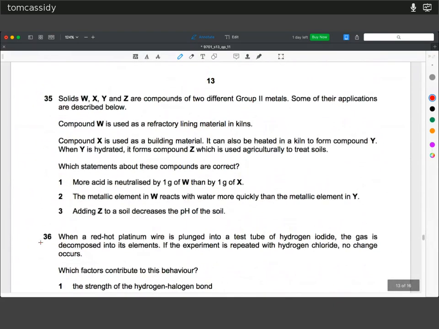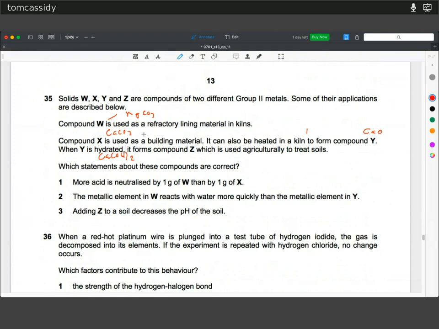Okay, this one, if you work through it all, it's all your group 2 chemistry. That one is magnesium carbonate. This one is calcium carbonate. If you heat calcium carbonate, you get calcium oxide. And if you react calcium oxide with water, then you get calcium hydroxide. So that's all group 2 chemistry. Actually, it's pretty much GCSE group 2 chemistry.